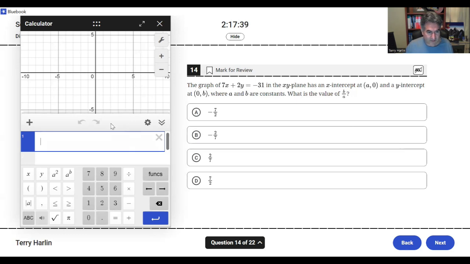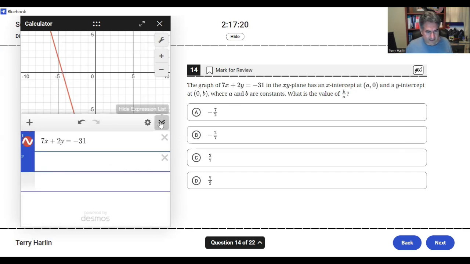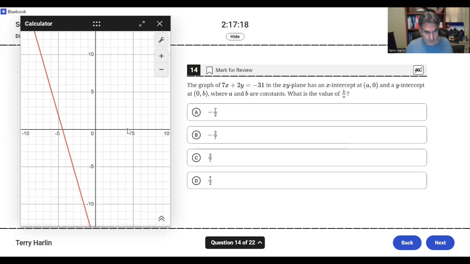And there's a way that you can do this, okay? That's not too difficult, but we're just going to do it the easy way and plug it into the calculator. We actually don't need to hit enter. Let's look at where our intercepts are.